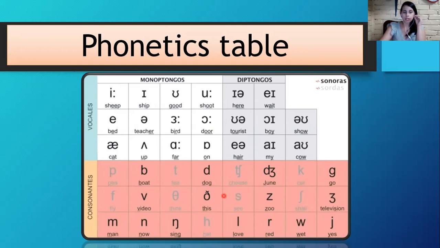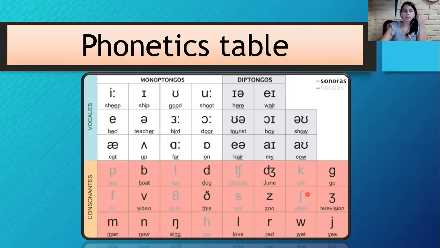The pronunciation that at the moment is very difficult for me is this sound, sh. I don't know, it's a bit complicated for me since it's difficult for me to pronounce it.